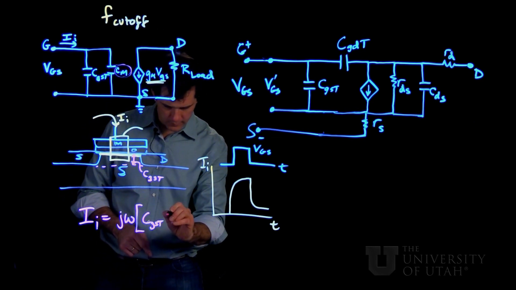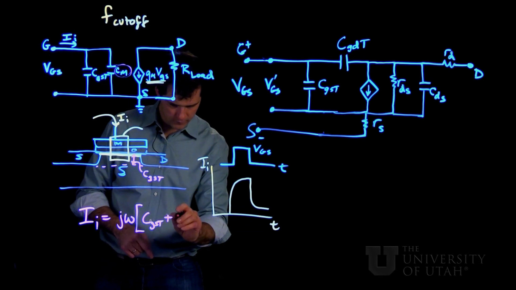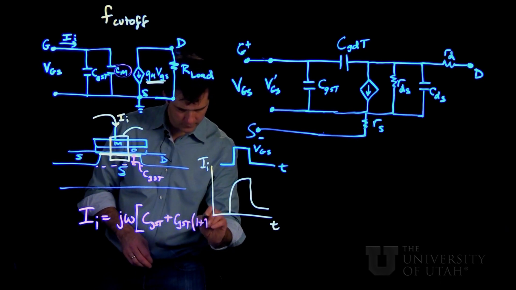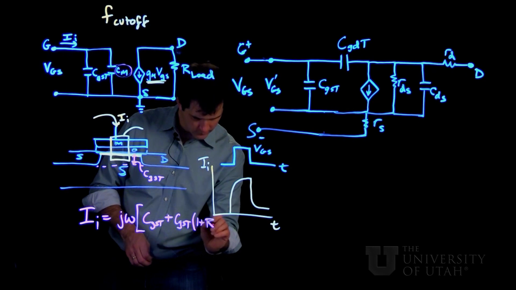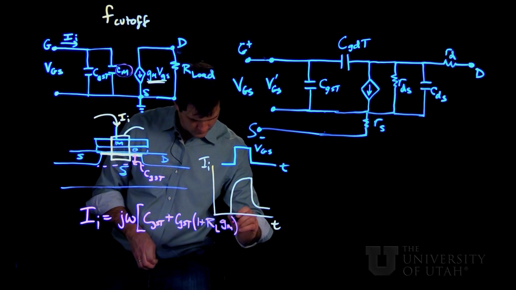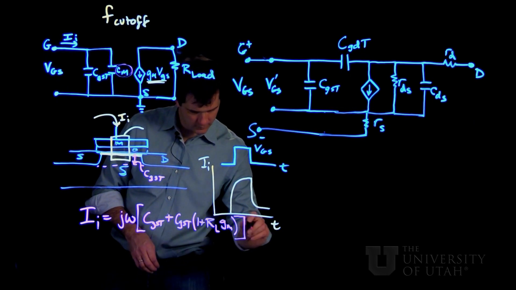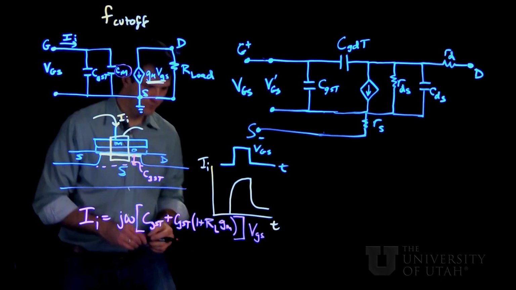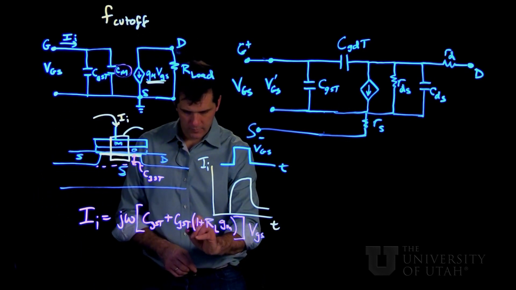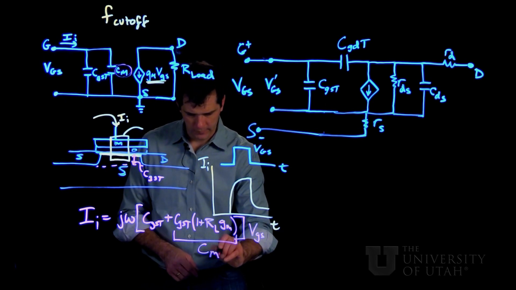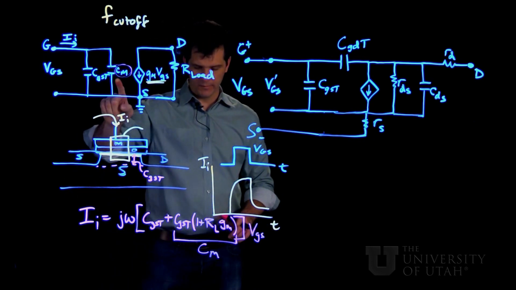So that's composed of this CGD times 1 plus the load resistance times the transconductance, and then all of this times V gate source. So this quantity here we lump into the C Miller, and it's represented here.